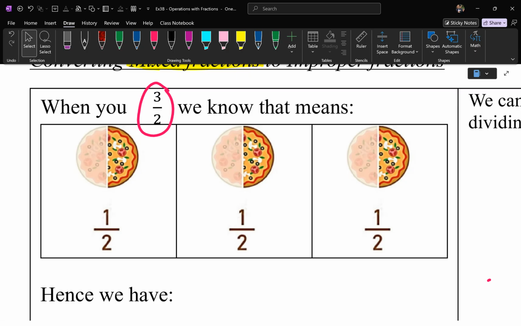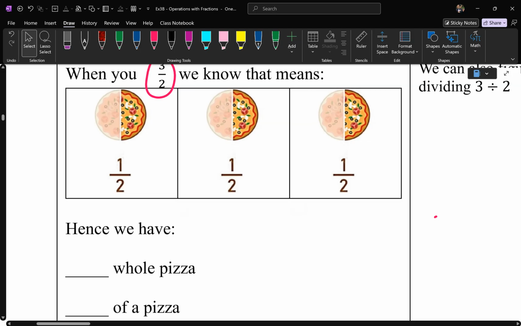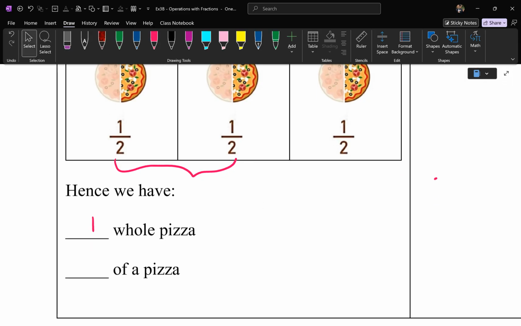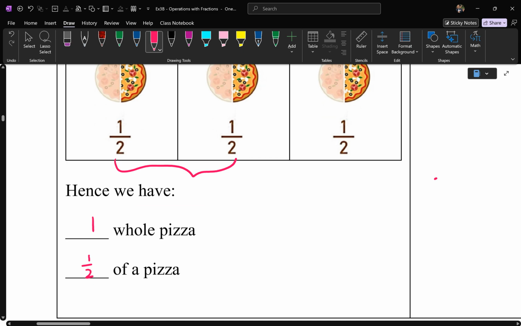So that's half a pizza, half a pizza, half a pizza. You got 3 of them. Now when you add them together, you can clearly see that half and half makes 1 whole pizza. But then what do you have left over? You have half a pizza left over.